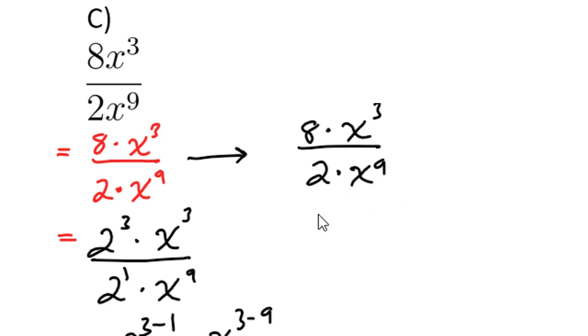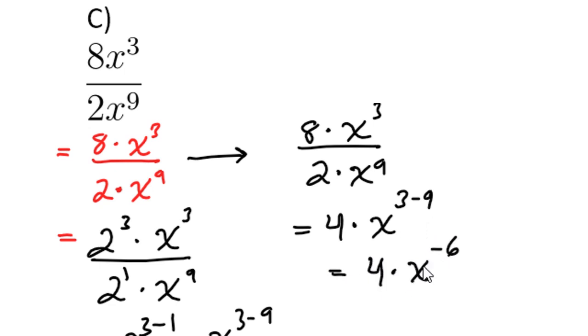The only thing to remember is that sometimes you could go ahead and simplify numbers. In this case, we have that 2 is dividing the 8. So that is going to give us a 4. So 4 times x to the, this is a quotient, so 3 minus 9. So this is going to be equal to 4 times x to the negative 6.